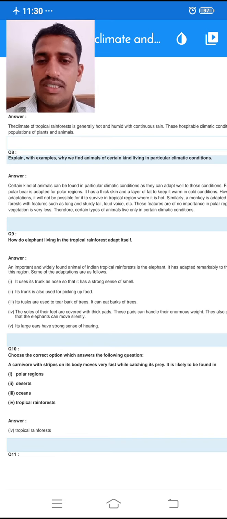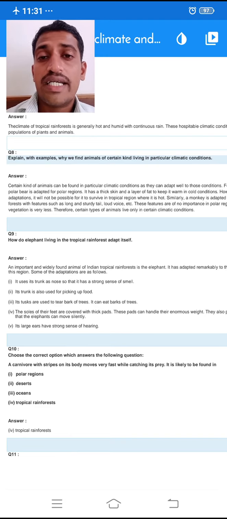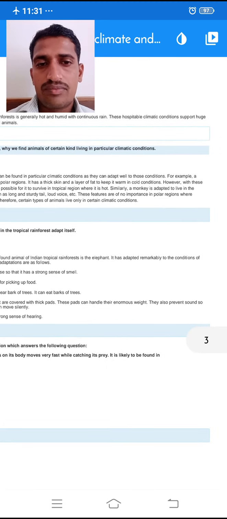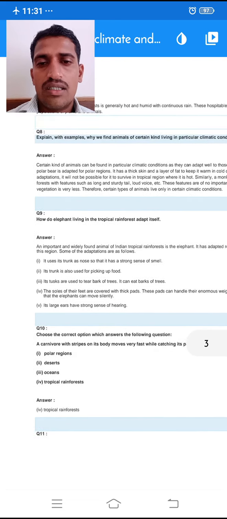Dear students, certain kinds of animals and plants can be found only in particular kinds of climatic conditions, as they can adapt well to those conditions. They can match that particular area and those conditions. For example, the polar bear.